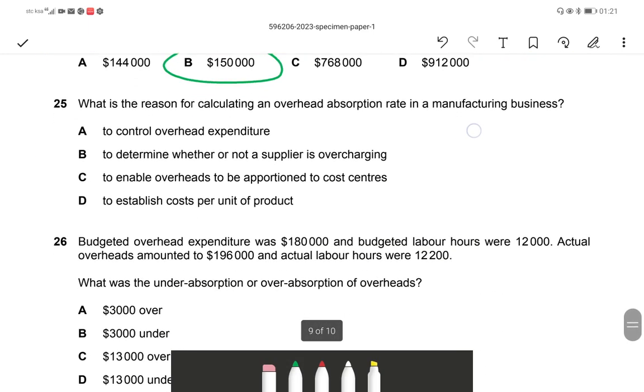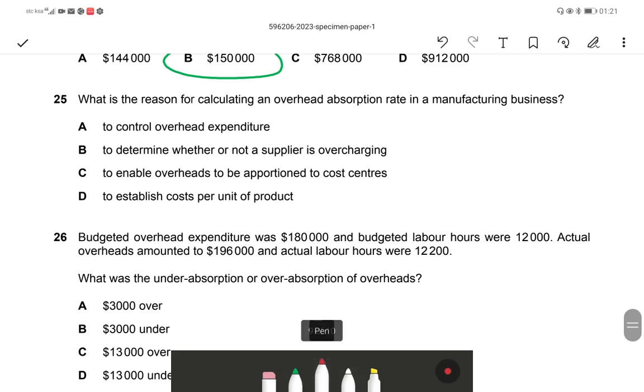Next, question number 25. What is the reason for calculating an overhead absorption rate in the manufacturing business?